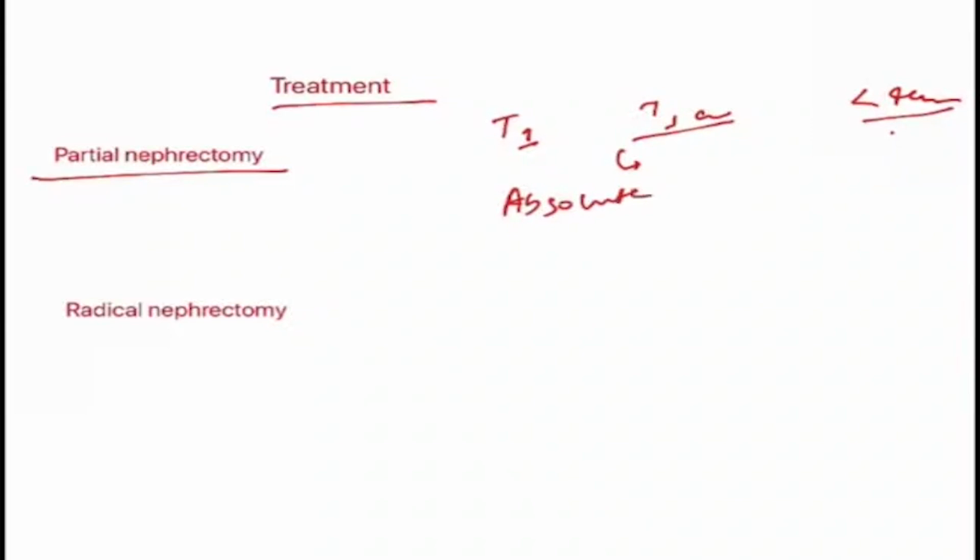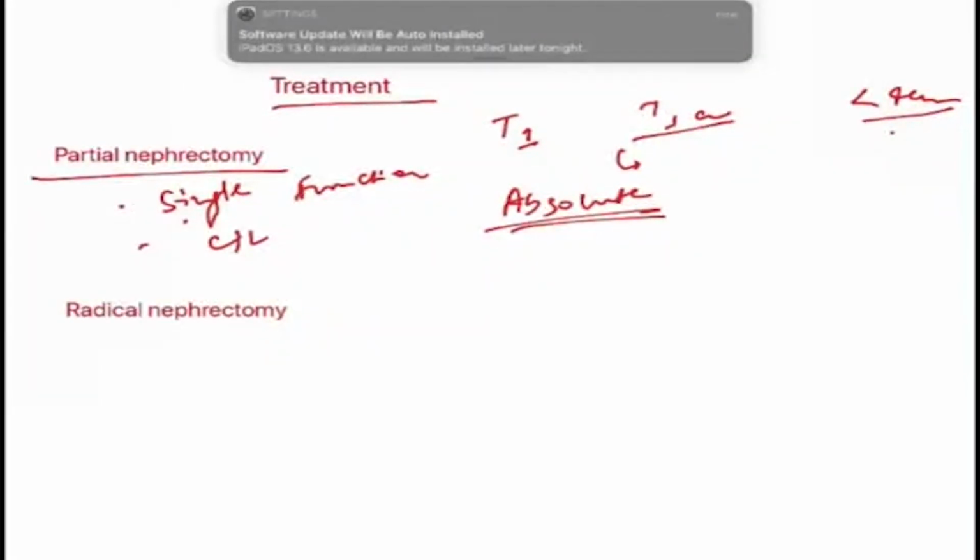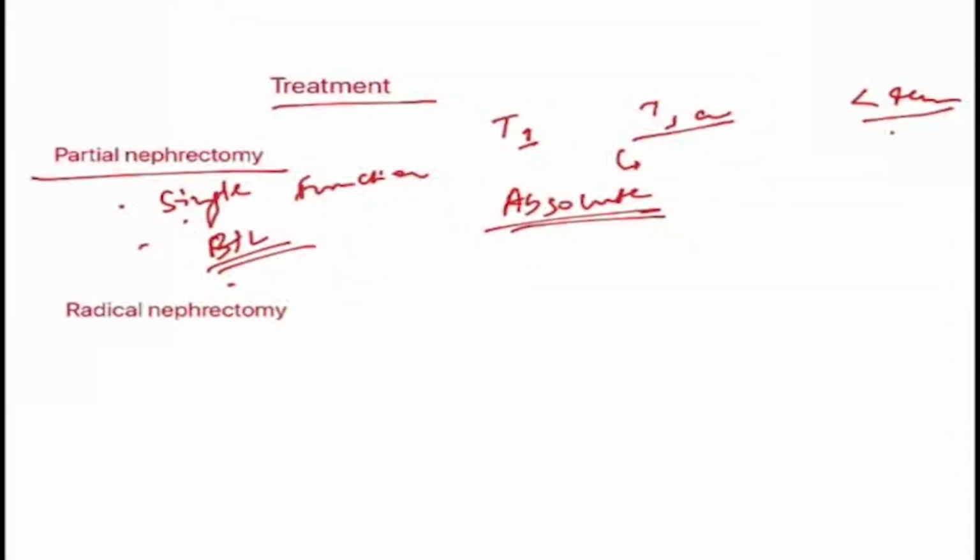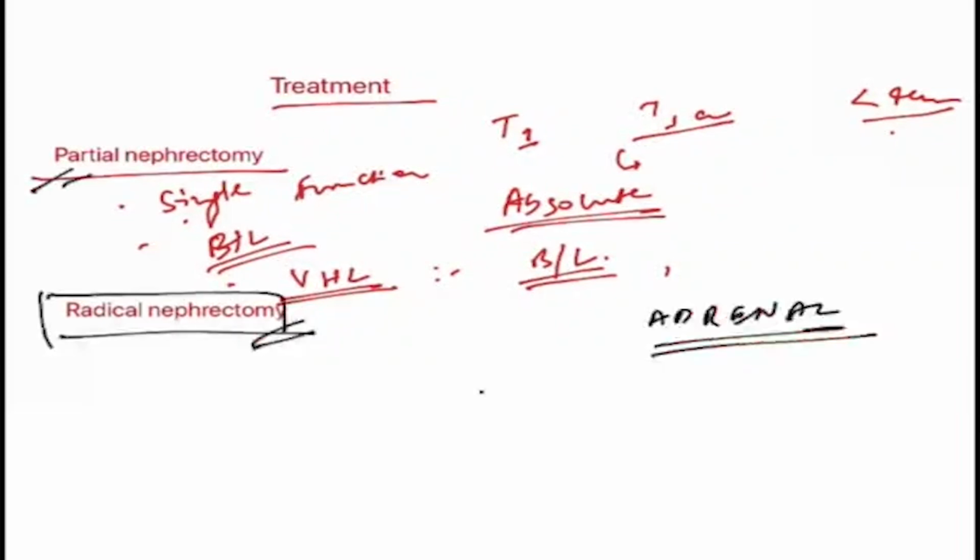The absolute indications of partial nephrectomy are a single functioning kidney in which the tumor is present, bilateral tumors, and tumors associated with conditions like von Hippel-Lindau syndrome, in which bilateral tumors are more common and there is a possibility of second kidney involvement later.